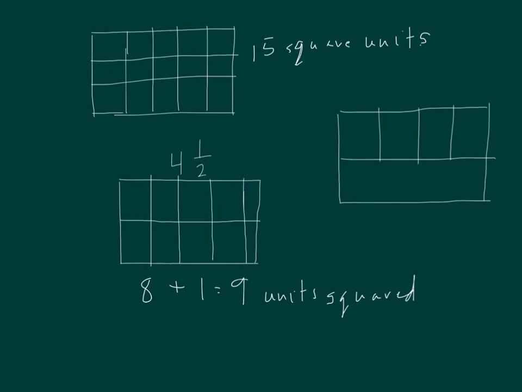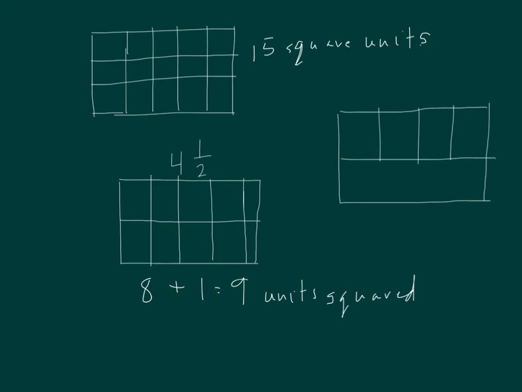Then the last example I'm going to have here that you're going to see something similar to on your home link is where they don't have the whole thing drawn in. So for this rectangle here, we have 4 full squares, and then we have this spot here. We can't count this as 1 square. We can't go 1, 2, 3, 4, 5.